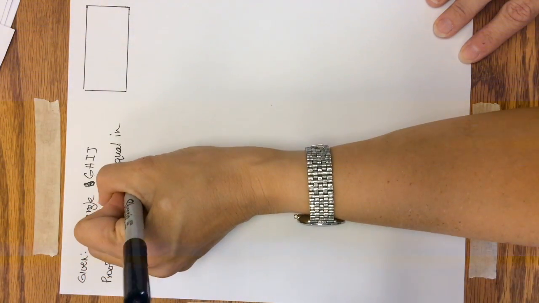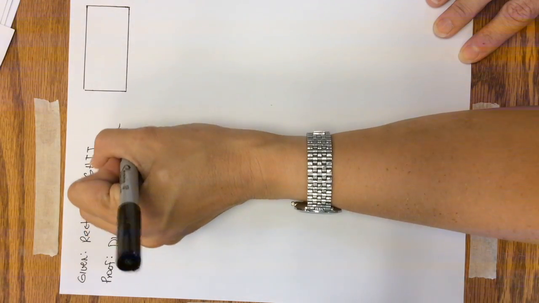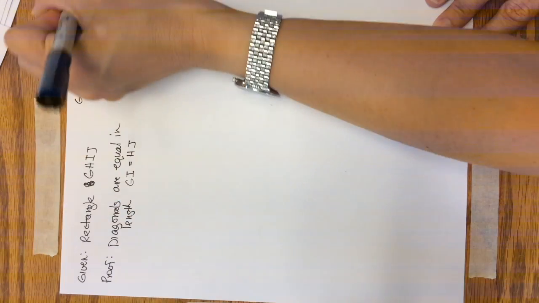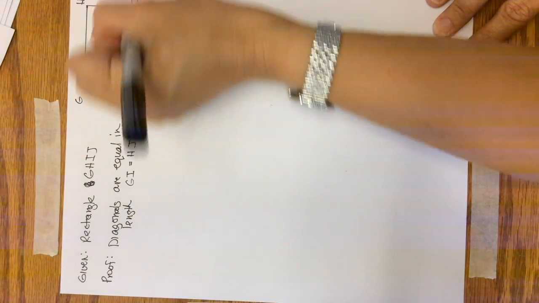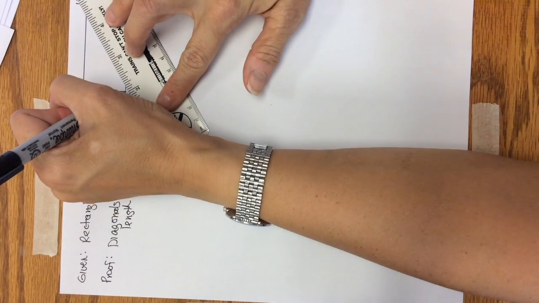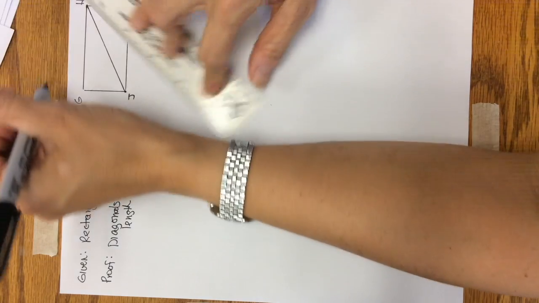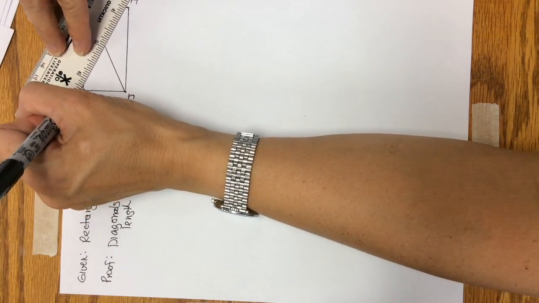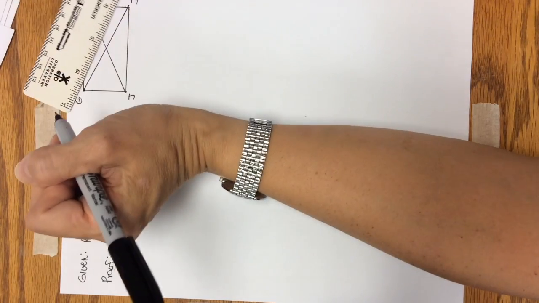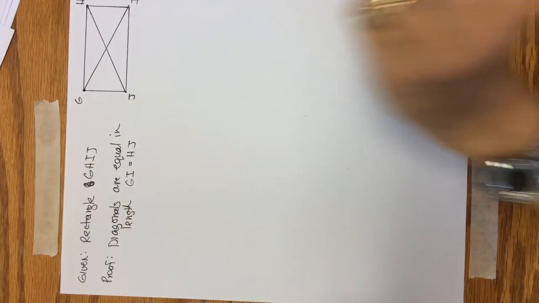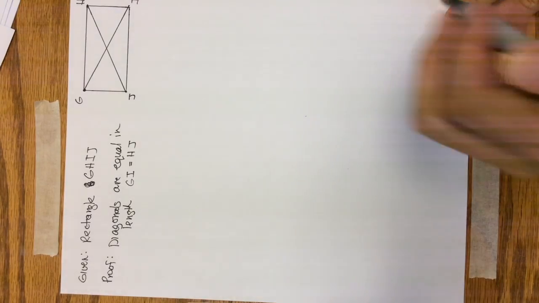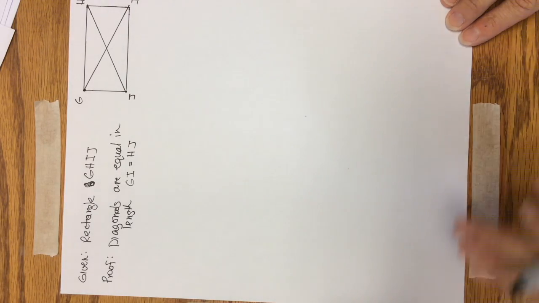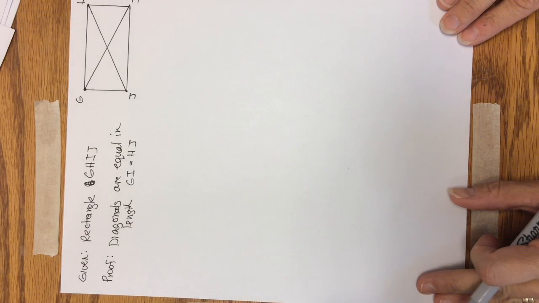So I'm going to draw some diagonals. So I've labeled my rectangle and I've drawn my diagonals.